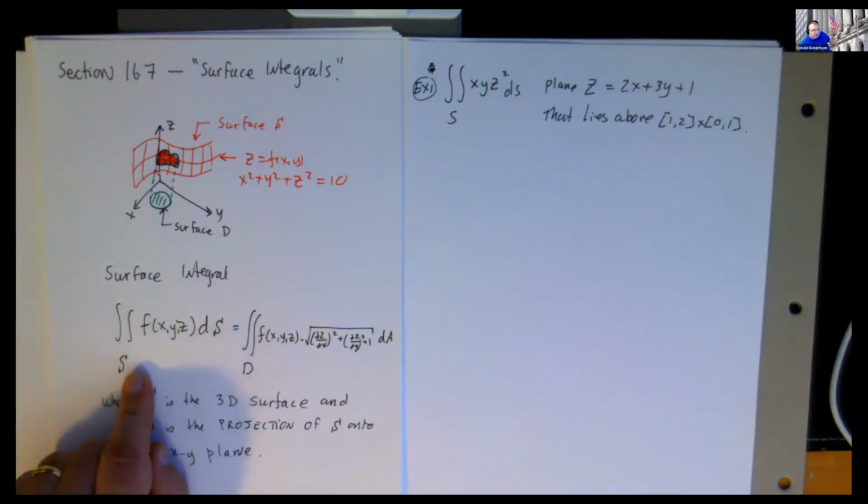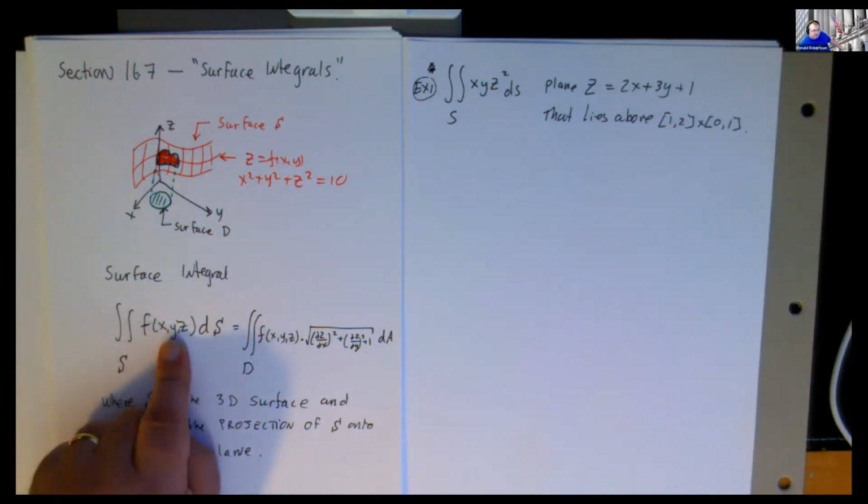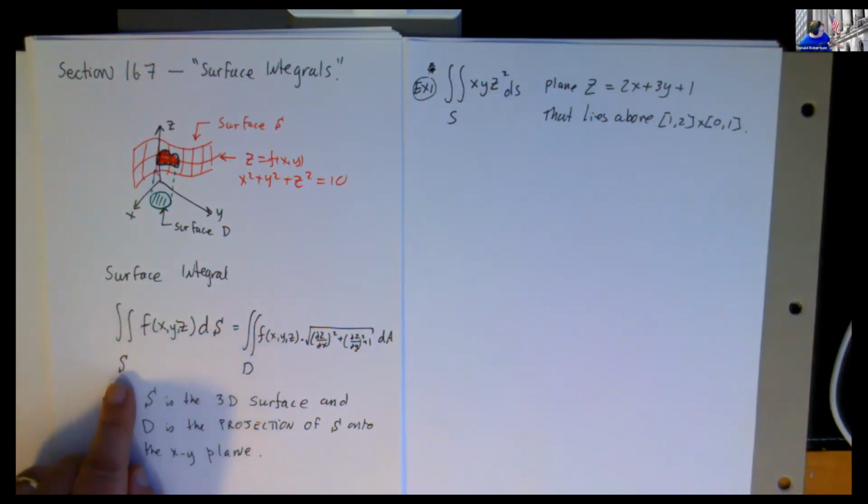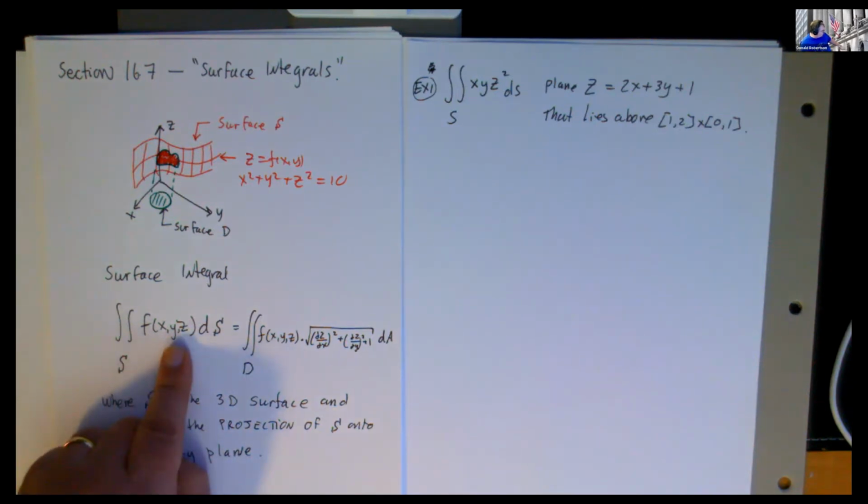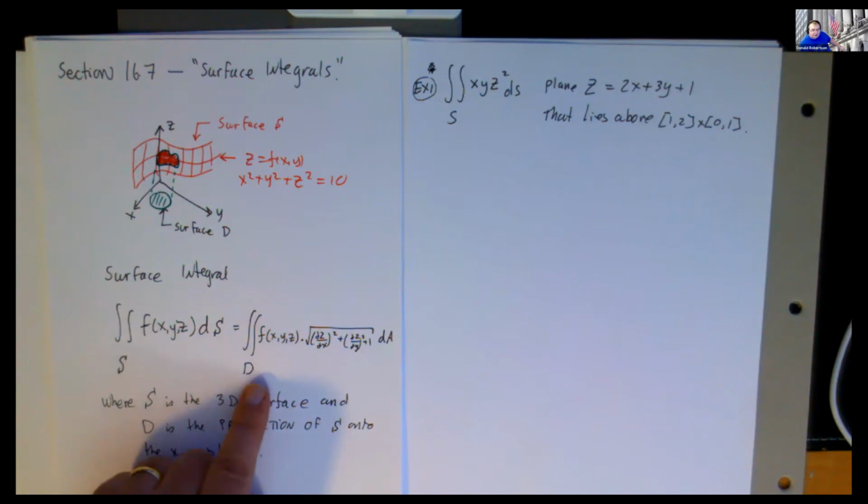It's described as a double integral over the surface S of some function f(x, y, z) dS. If you make this function 1, just the number 1, you're actually calculating the area of the surface S. But most of the time, this would be x squared plus y plus z or something. The formula says you can convert it into a different double integral that does the same job.